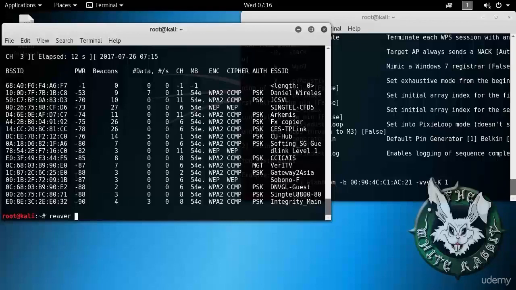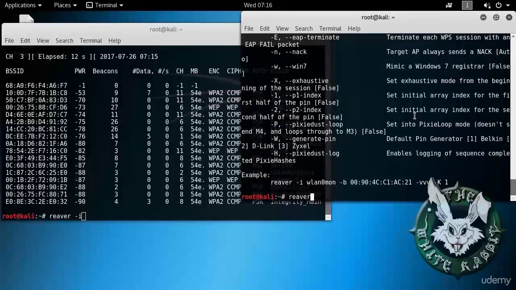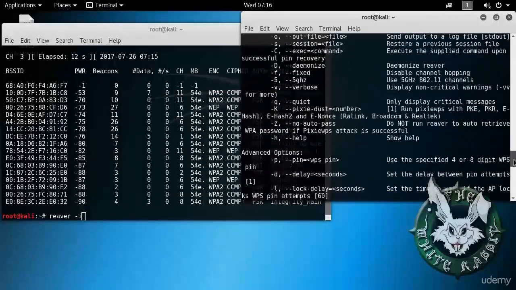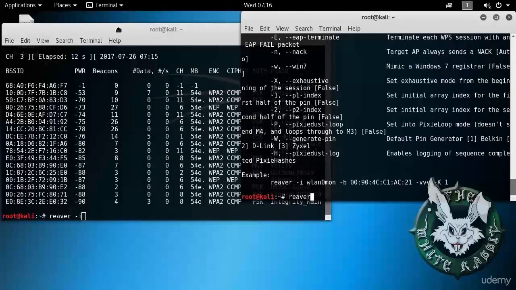These days, reaver is integrated with pixie dust, so we just run reaver with a particular option to get pixie dust involved. So it's quite straightforward. There's various options, as we can see here. If we just do reaver by itself, we can look at the different arguments.